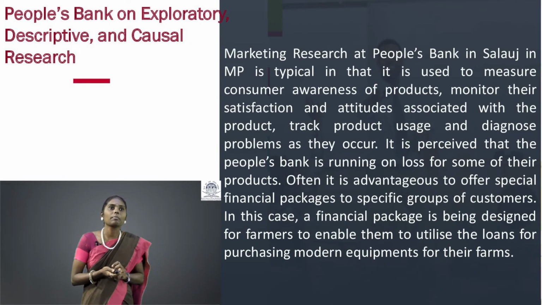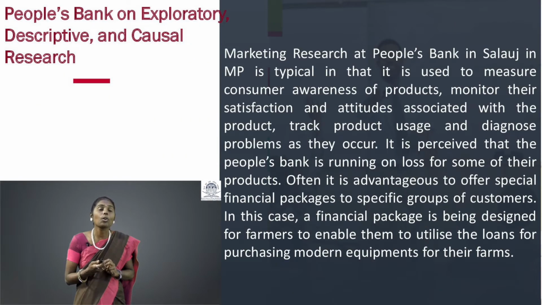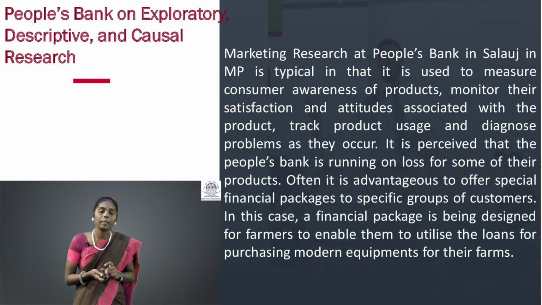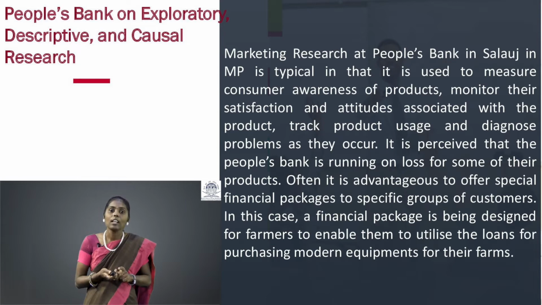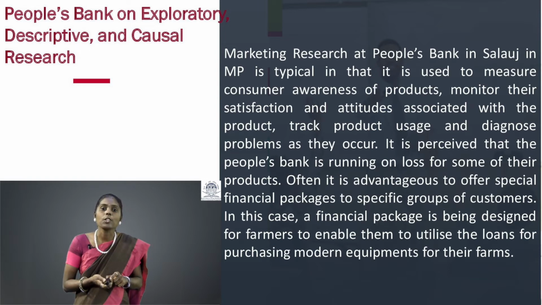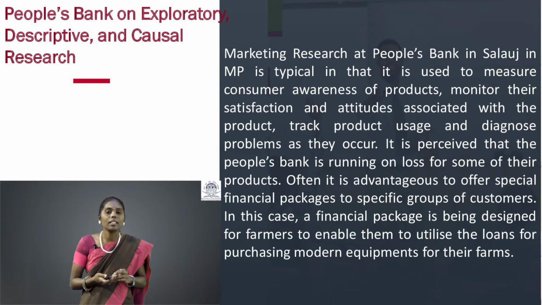Okay. So the context, the story of this People's Bank goes like this. Marketing research at People's Bank in Salauj in Madhya Pradesh is typical in that it is used to measure consumer awareness of products, monitor their satisfaction and attitudes associated with the product, track product usage and diagnose problems as they occur. So that is what the marketing research team at People's Bank does.